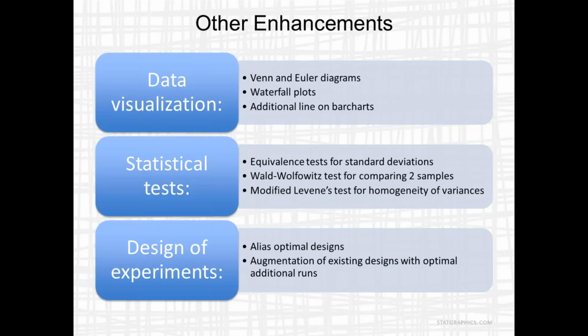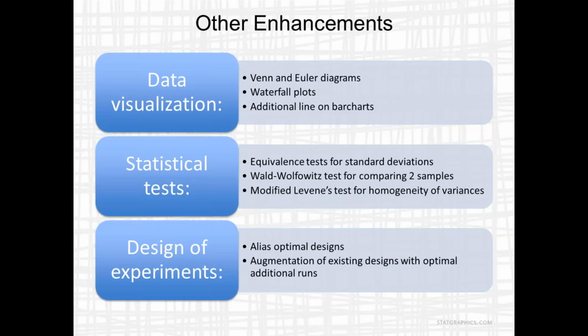It sometimes turns out you can trade off a little D-efficiency, for example, and reduce the aliasing of effects not in the model fairly dramatically. I also have a webinar, incidentally, scheduled to talk about these enhancements.